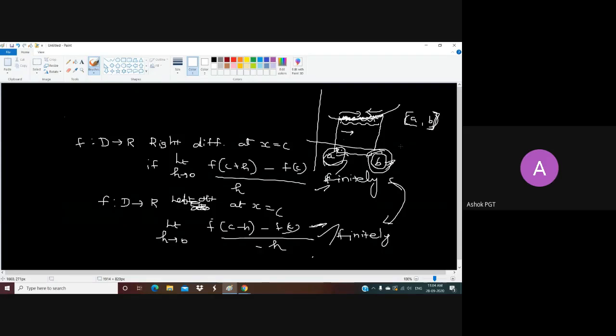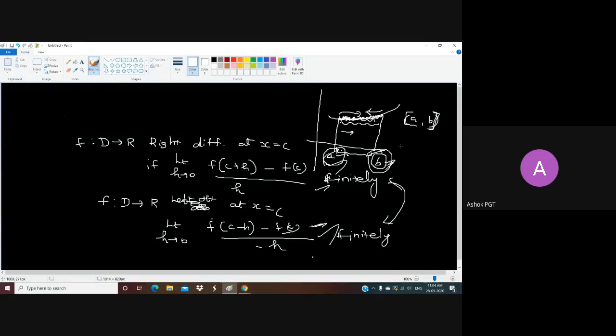And next one is, let f and g be two real valued functions such that f circle g is defined and g is differentiable at c and f is differentiable at g of c, then f circle g is differentiable at c. That is, the composition of two differentiable functions is differentiable.